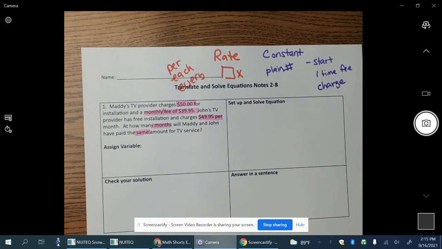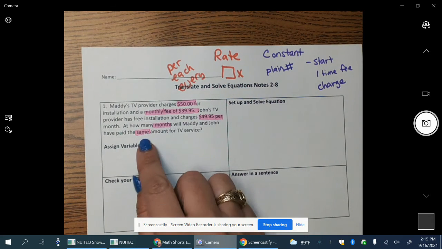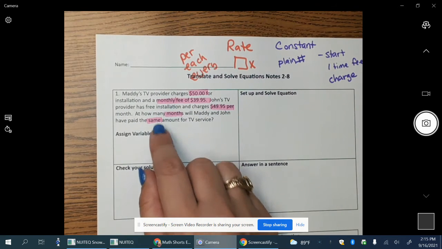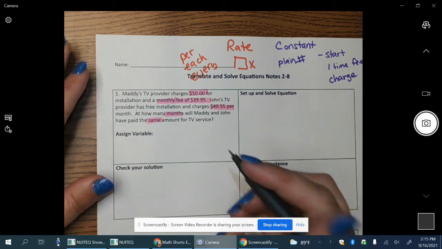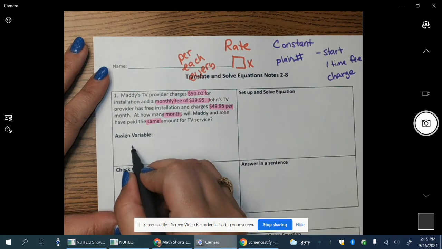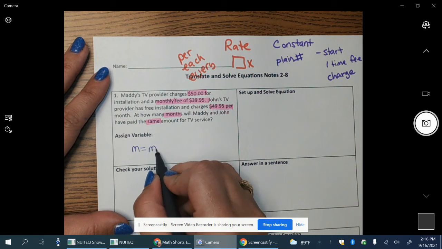All right. So, first thing we need to do is to see that this is the same. Next week, we're going to talk about inequalities, which is more than, less than. This week, they're all the same. Okay? So, we need to define our variable. What are we looking for? The amount of what? Months. So, a good variable would be M for months.